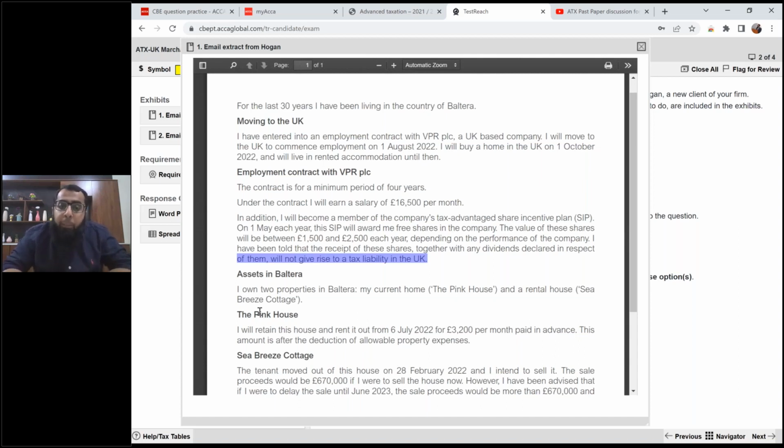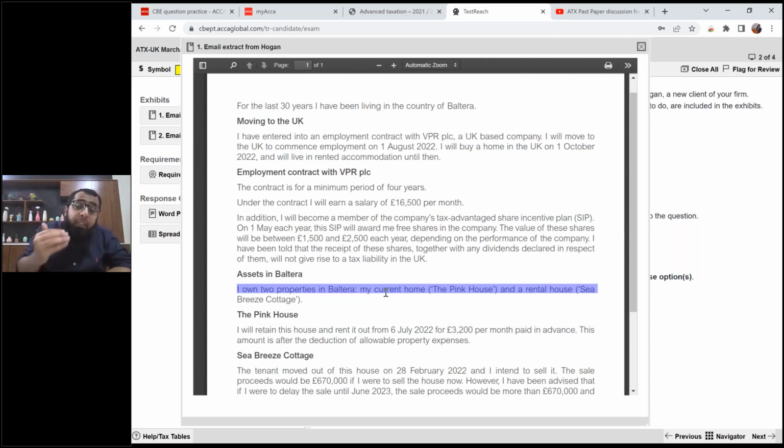Then the pink house. I'm looking at his incomes because I have to calculate his income tax liability. I want you all to please listen to me carefully. I will retain the house and rent it out from 6 July 2022 for £3,200 per month. Now, this pink house is in Baltira. It is an overseas income.